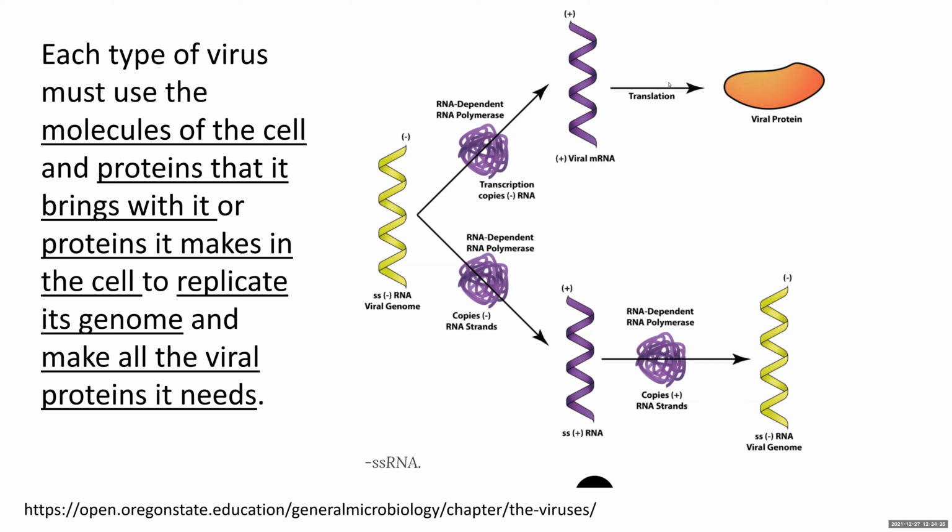It's also going to use the cell's copying mechanism, RNA polymerase, to make single-stranded positive RNAs that then is going to use the same copying mechanism to create copies of the viral genome, right? So the purpose of all this copying is to produce all the structures that the virus needs, because what it's trying to do inside the host cell is make a bunch more copies of itself, right? It's trying to reproduce.